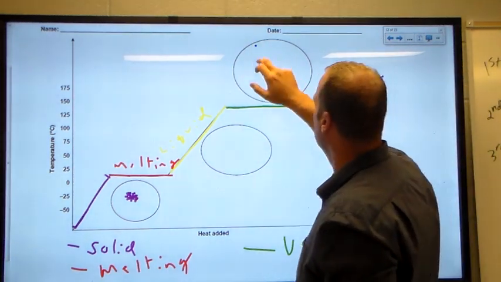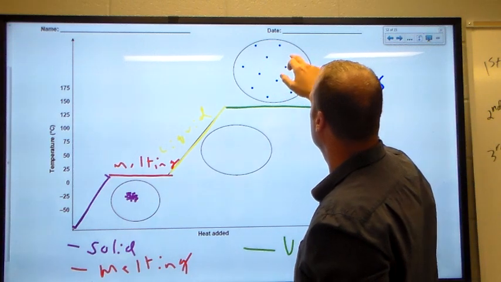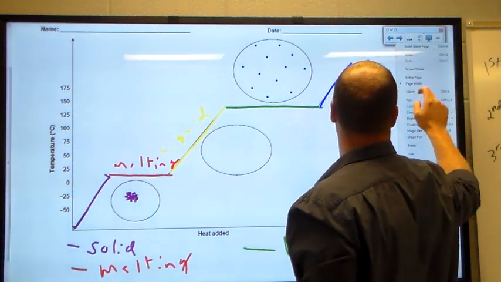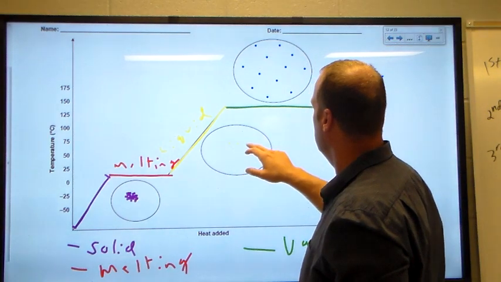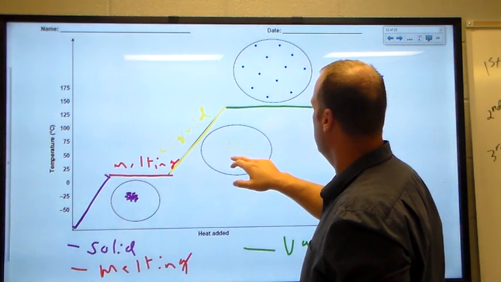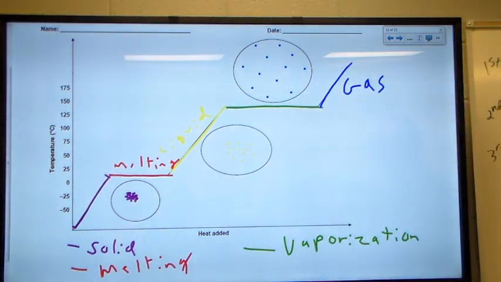And so the molecules would be totally spread out like this. Here the molecules would be just a little bit more spread out, right? But not too much where they're able to slide by and flow.